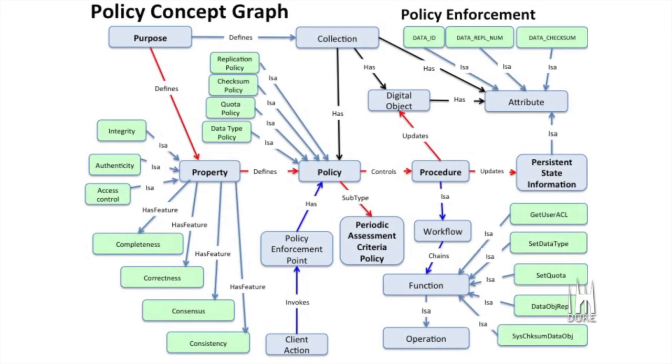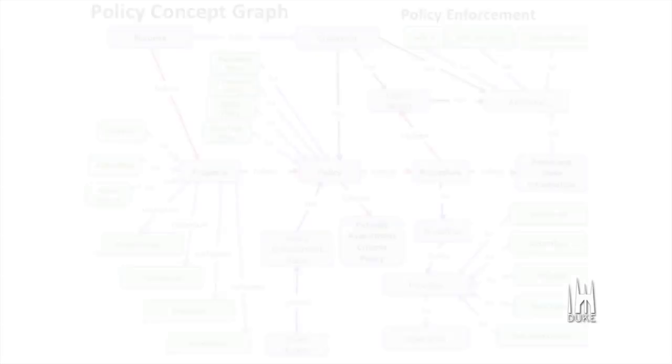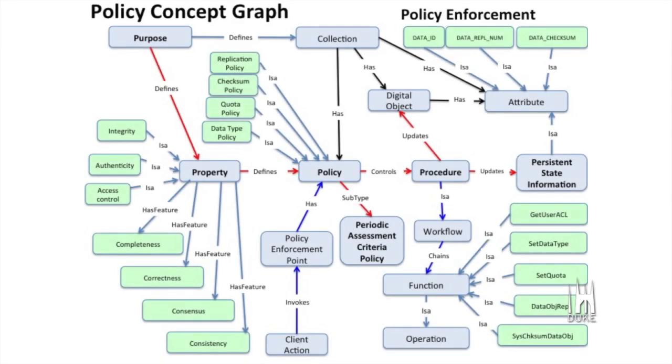So this integrity policy would control the execution of the data object replication procedure, when and where it's actually applied. I could apply it immediately when the data goes in. The data could go to a staging area and I could apply it within the staging area. I could control that; you can apply it to the operations. Every time an operation runs, it generates state information which then gets managed as an attribute on the data.